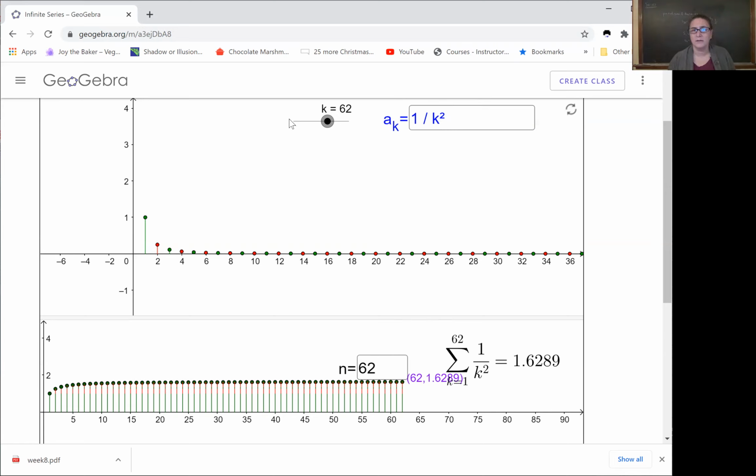But later on in the chapter, we will learn how to check if the sequence is convergent or divergent without necessarily figuring out what the limit is, without necessarily figuring out what it converges to.